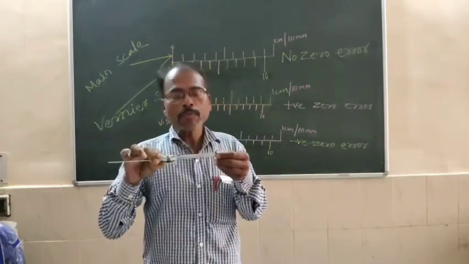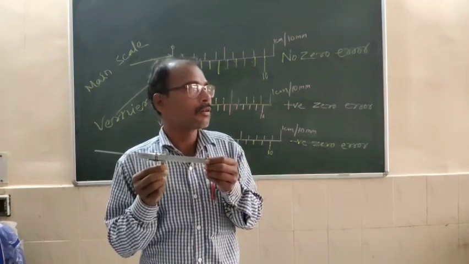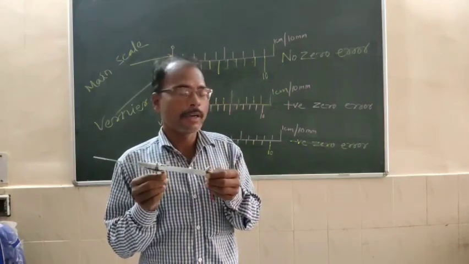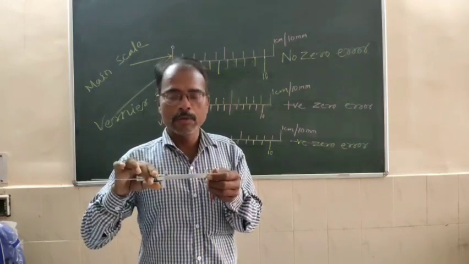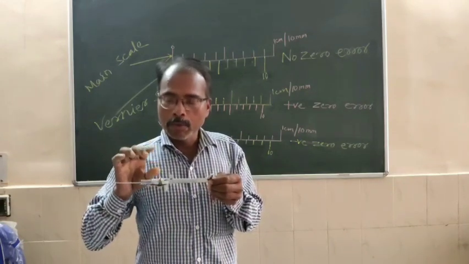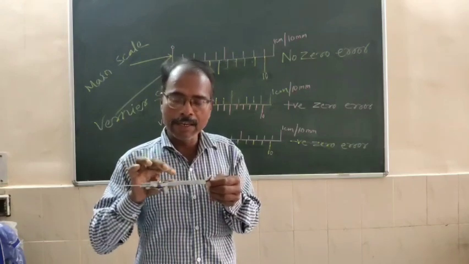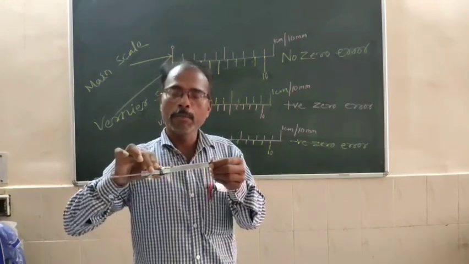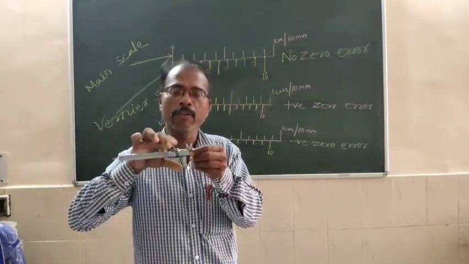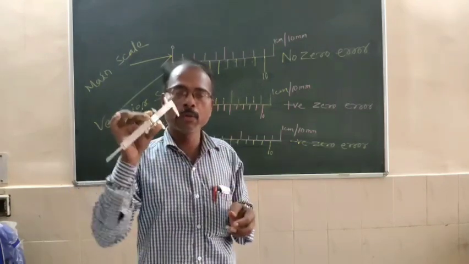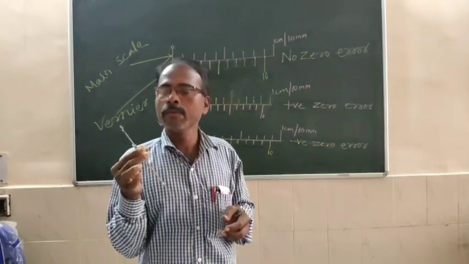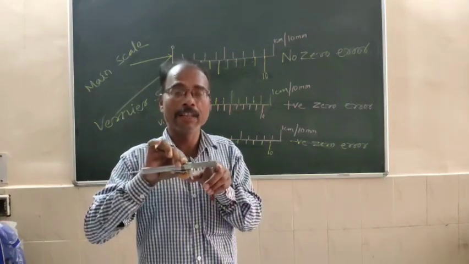Now, why is the instrument called or named vernier or slide caliper? The vernier scale slides over the main scale, so this instrument is known as vernier or slide caliper.